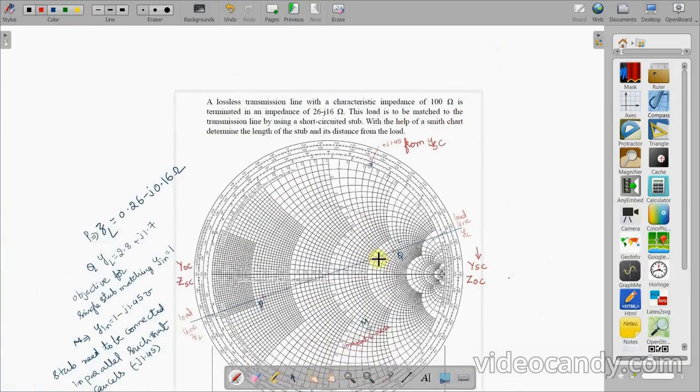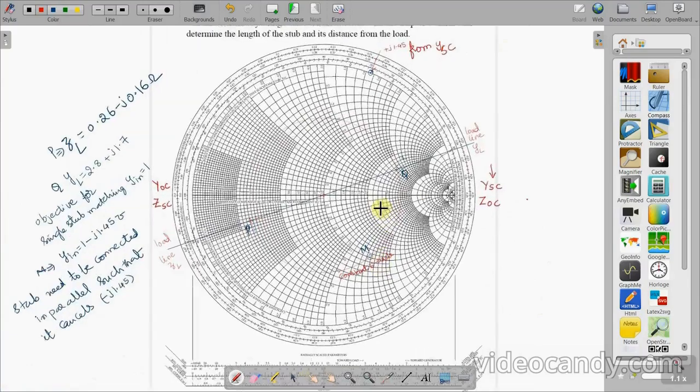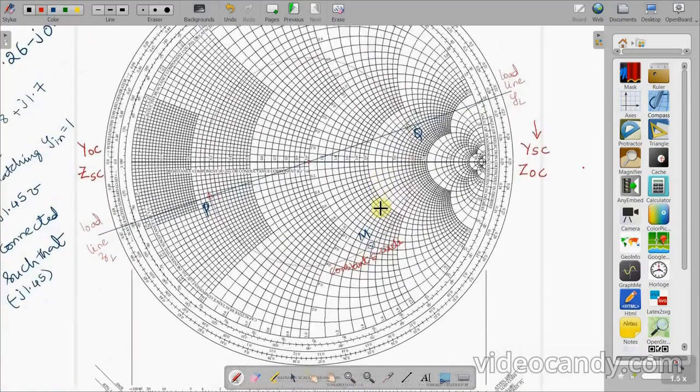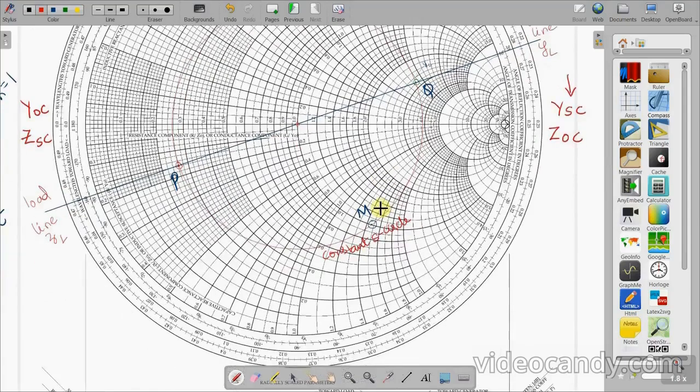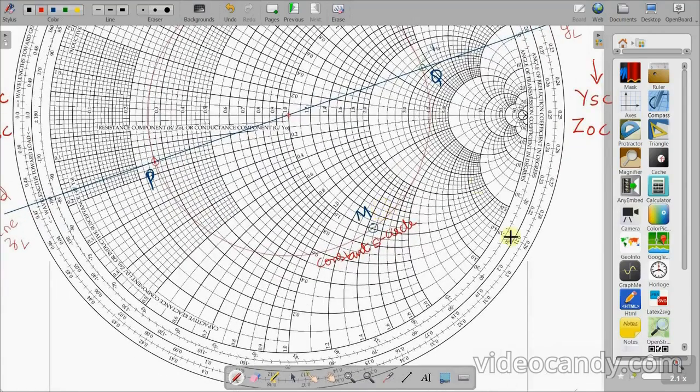Now join the point M and the center of the Smith chart with a line. You can see a line has been drawn.